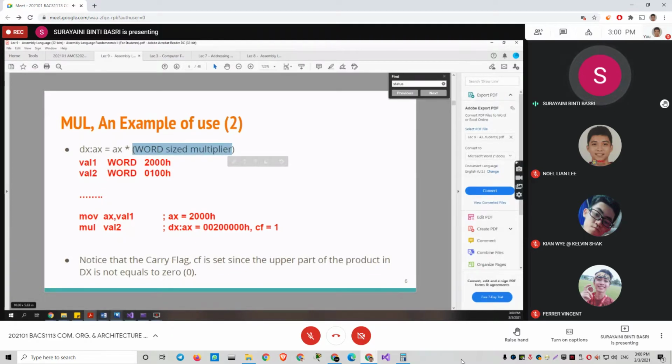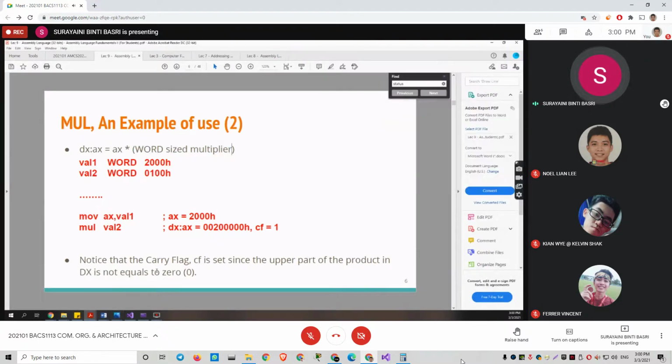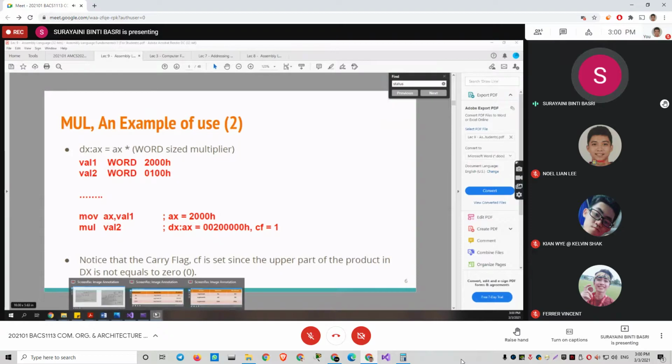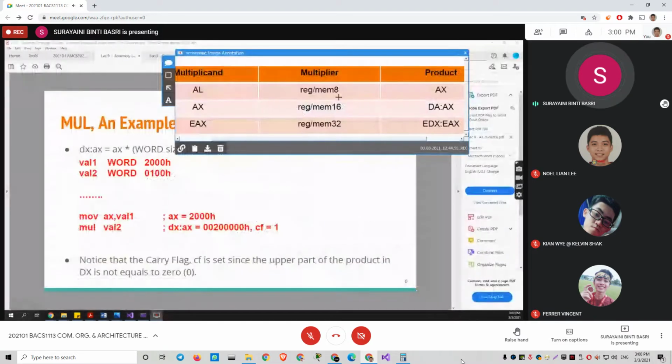Okay, so sorry, it's not this one, it is this one. Remember when you want to multiply 16-bit numbers, the product will be stored at DX and AX.